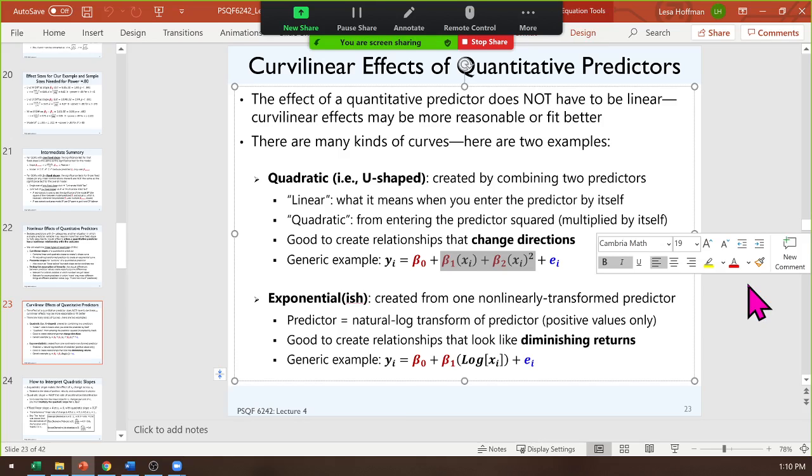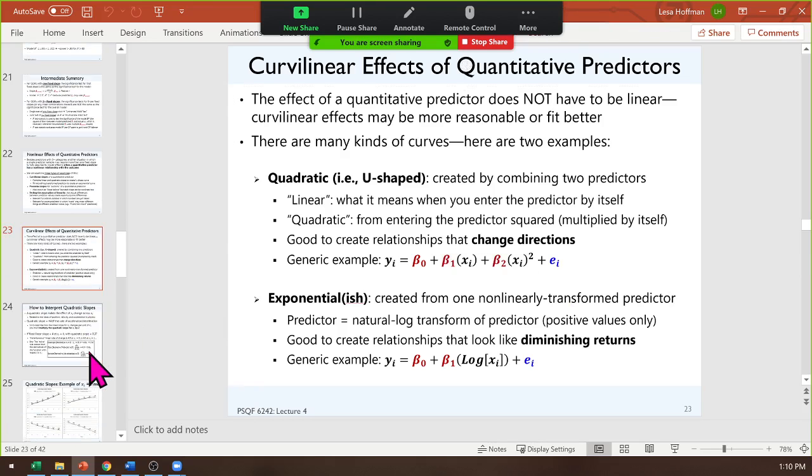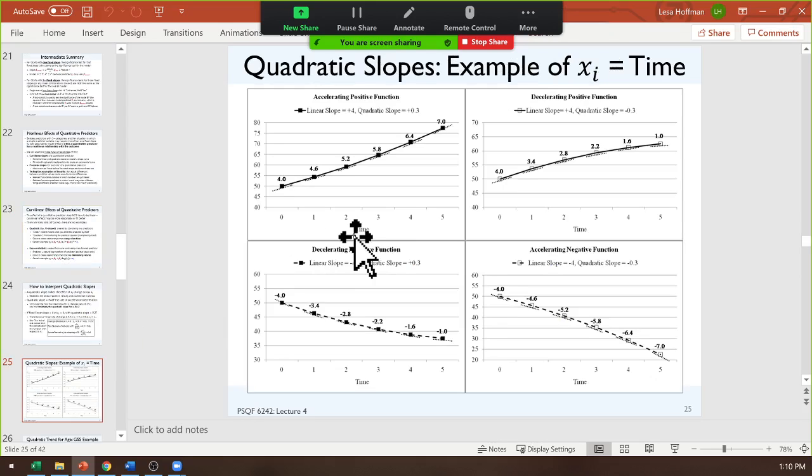So the quadratic effect of a quantitative predictor creates a regression line that's bendy, at least to some extent. It has a U shape in the most traditional form, but it can be bendy towards the top or bendy towards the side. In practice, the model predicted quadratics tend to look like one of these 4 shapes. So in your homework, I'm asking you for 2 of the questions to figure out which of the 4 shapes you're looking at.